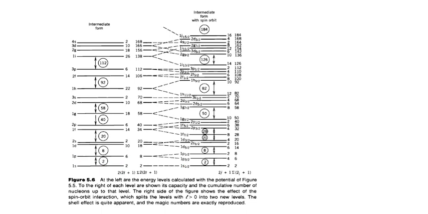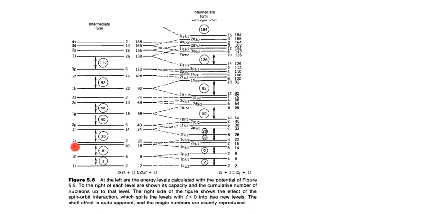1p state splits into 2, p3 by 2 and p half. D state again splits into 2, d5 by 2 and d3 by 2. See, this is what I told. The energy levels actually shift upwards and downwards, and sometimes reordering of energy levels happens.